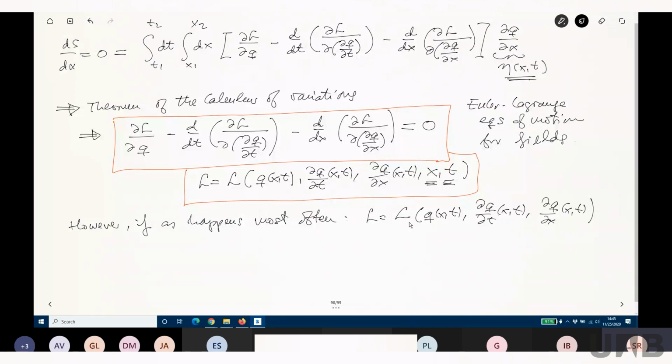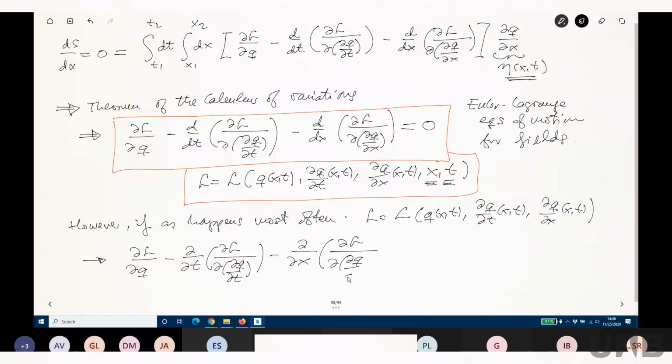So in this particular case, which is what happens most of the time, the equation becomes partial of L with respect to q, minus derivative with respect to t of partial of L with respect to dq dt, minus derivative with respect to x of partial of L with respect to dq dx, equals 0.